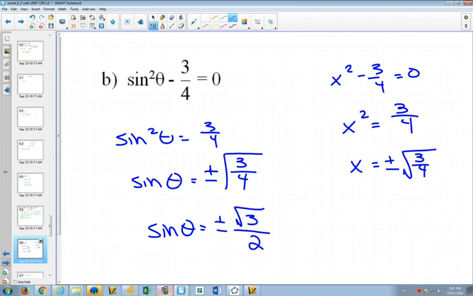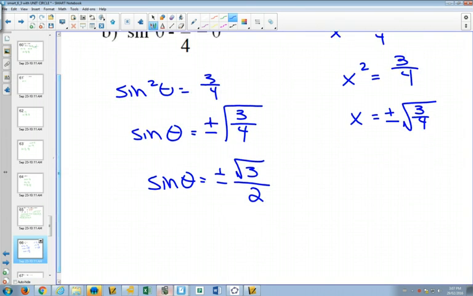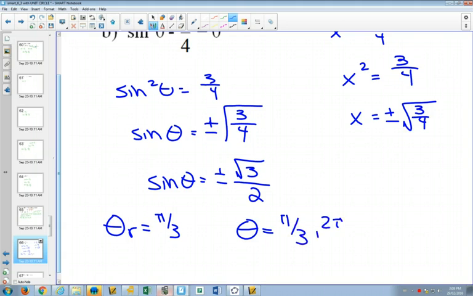What family? What's our reference angle? Pi over 3. What quadrants are we going to look in? It's positive or negative, so you're going to look at all of them. This is what we call a family gathering. Everybody's invited. All 4.